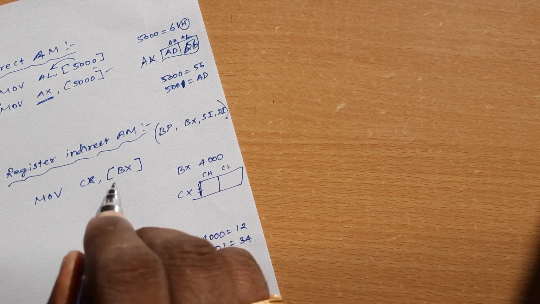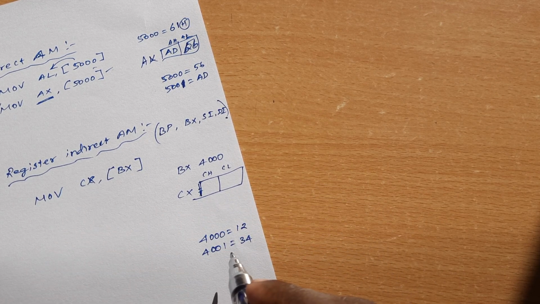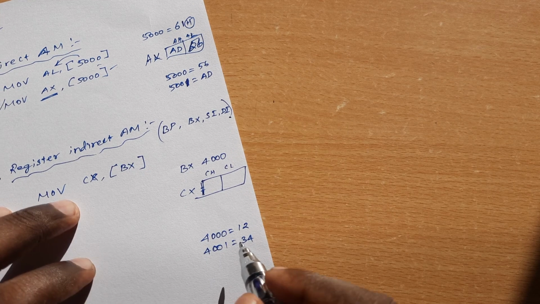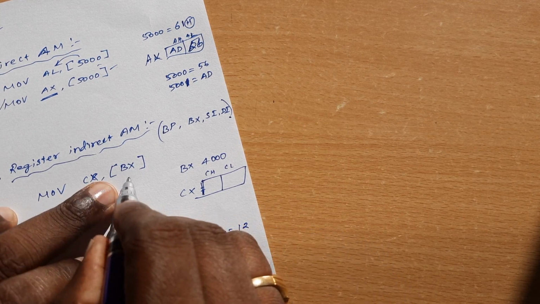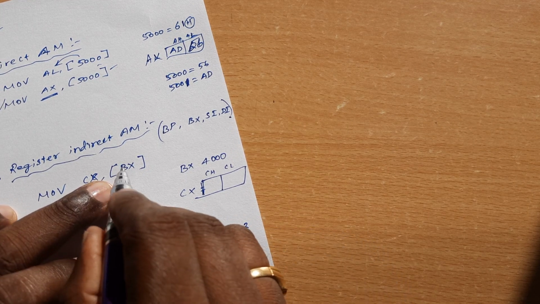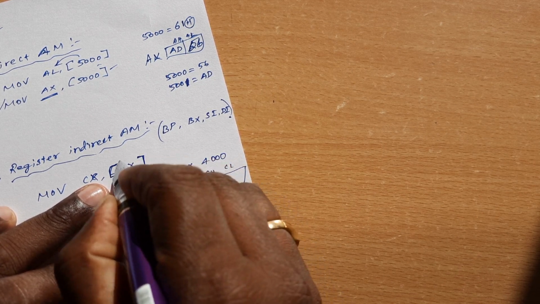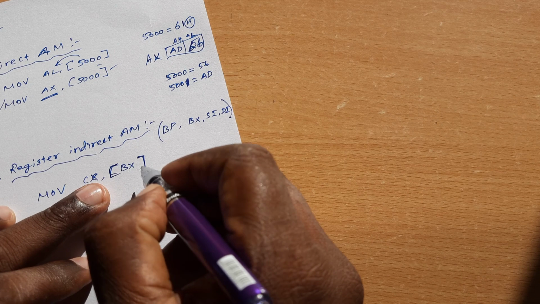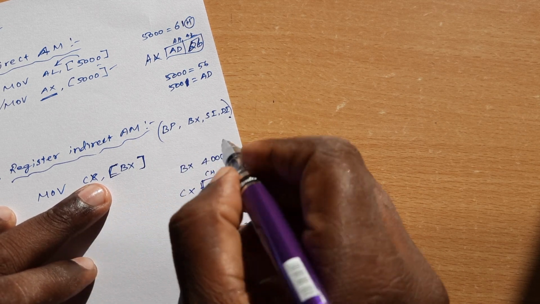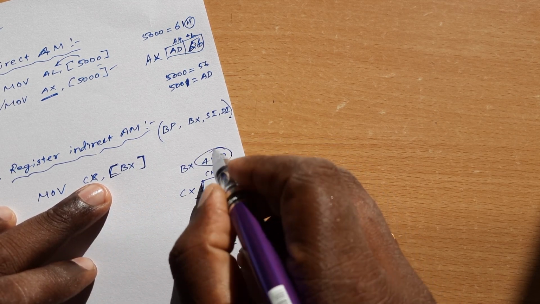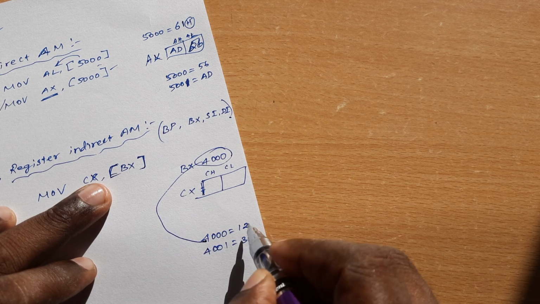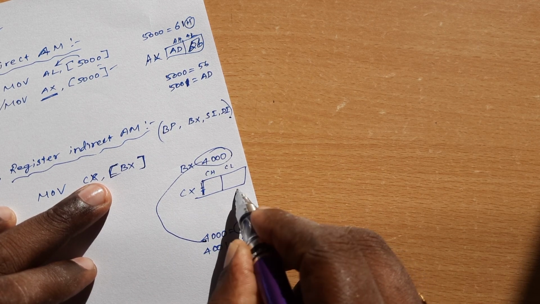So after execution of this instruction, what will happen is the 4000 is stored in BX. So now this bracket indicates BX is not a register, this is actually a memory location, the indirect addressing of a memory location. So it goes to the memory location. This value is moved to CL.